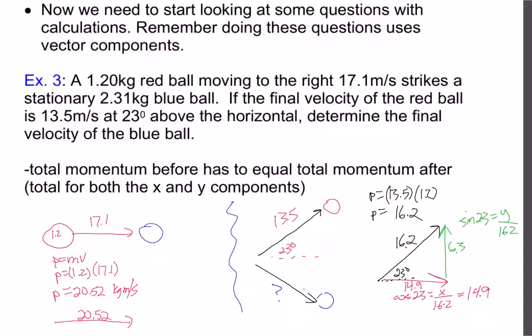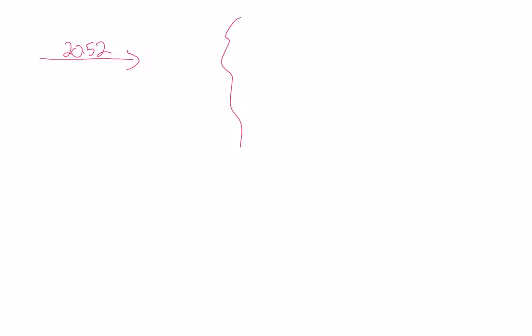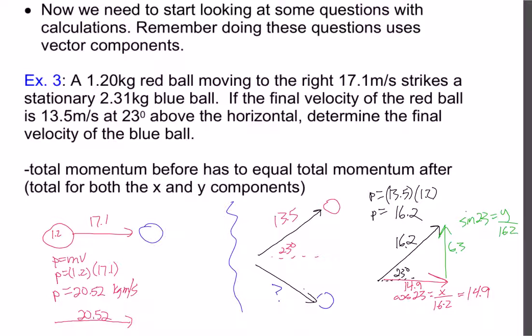Okay, so let's go back to our original setup. I'm going to go to a new page here that's blank. So let's go before again. We have 20.52, so I'm going to redraw that. Our vector to start was a momentum of 20.52. And then our after, we had 14.9 to the right, and we had 6.3 up.